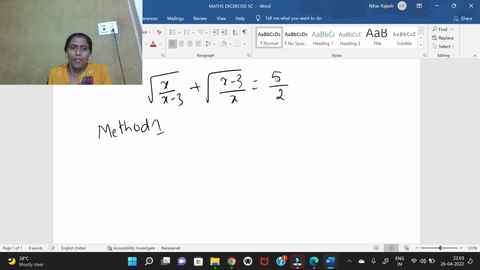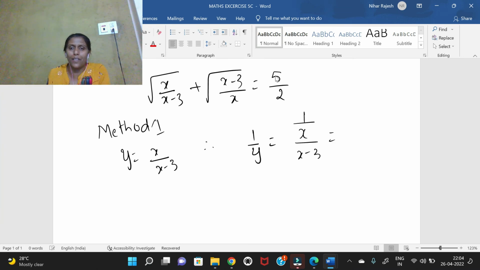So in method 1, let me assign y is equal to x by x minus 3. Therefore, 1 by y is equal to 1 by x by x minus 3, which is equal to x minus 3 by x. So 1 by y is equal to x minus 3 by x.